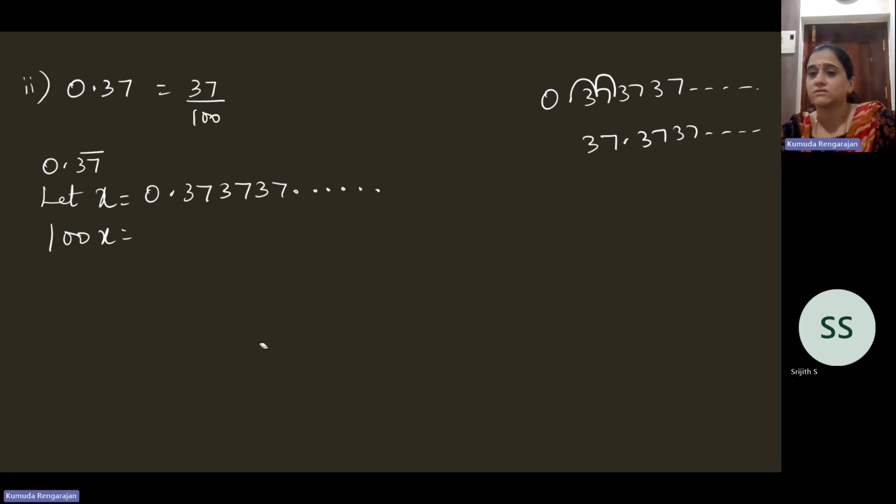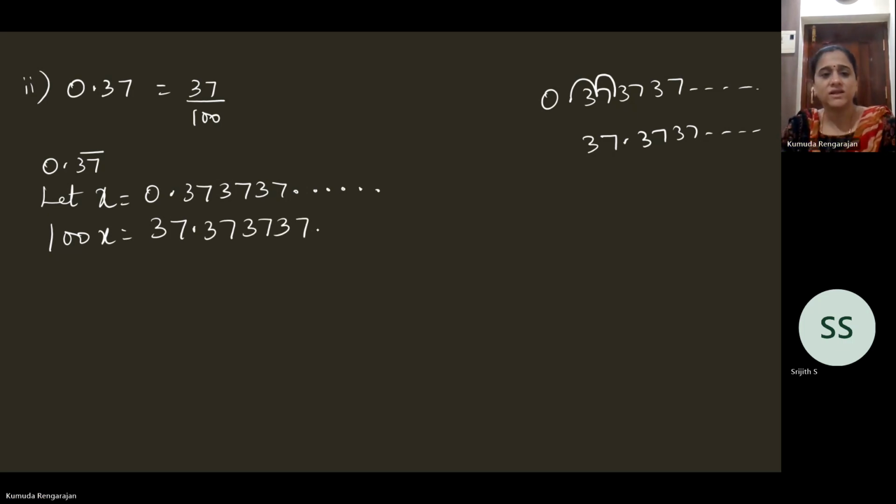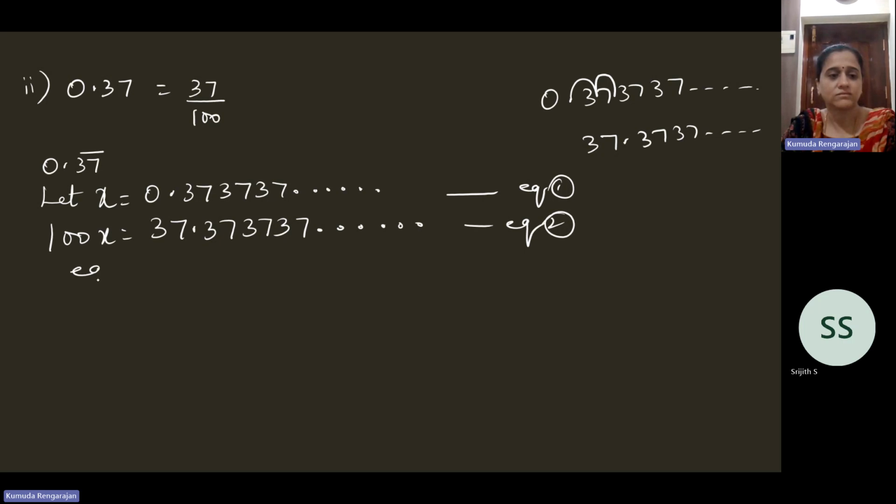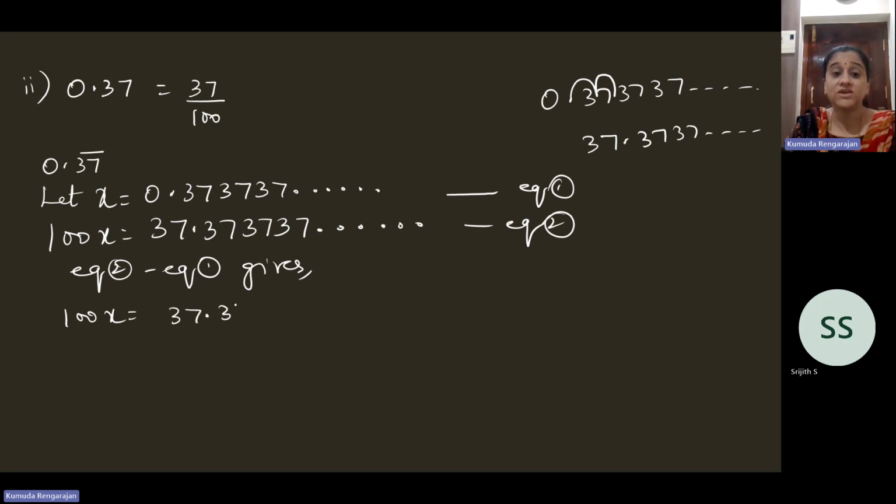Can we just say the final number we got as 37? Is this correct? Yes, ma'am. 37.373. You can write that going on forever. And then equation 1, equation 2. And equation 2 minus 1 gives 100x is equal to 37.3737.